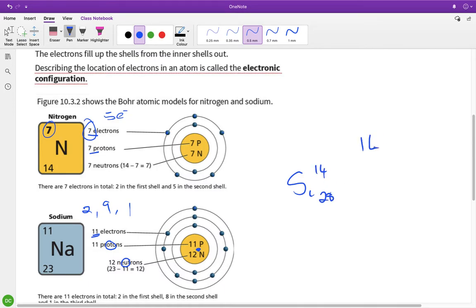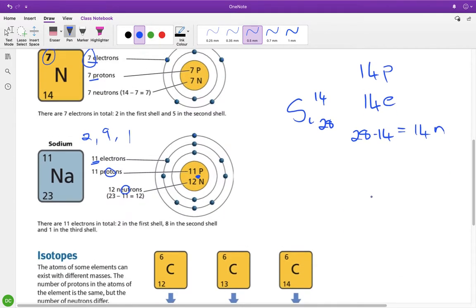So that means 14 protons, means 14 electrons. And then we do 28 minus 14, which is 14 neutrons. So if I were to draw that, you should say that it's silicon. It has 14 protons and 14 neutrons in the nucleus.